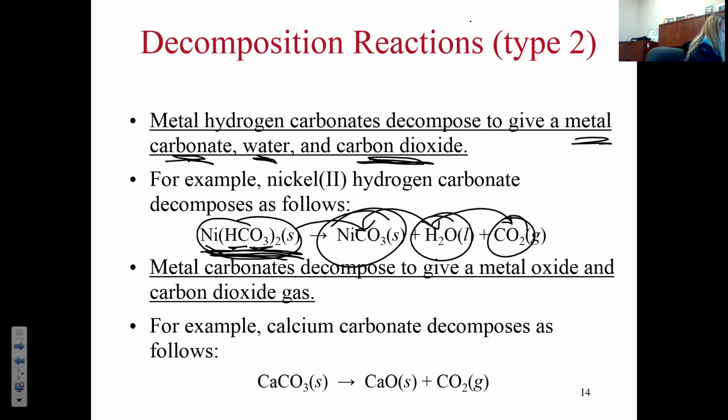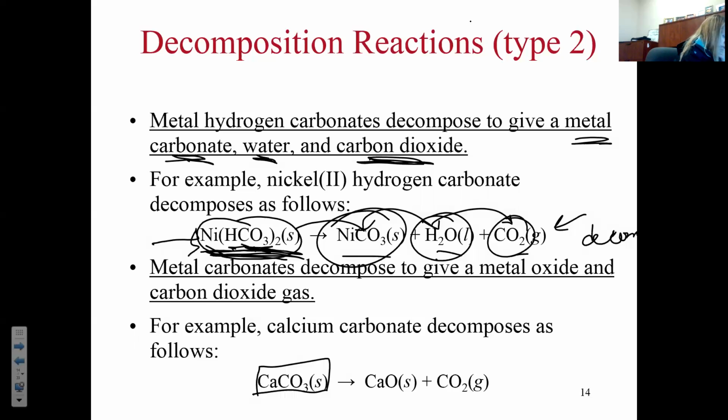Okay, this you should be able to recognize as a decomposition reaction. If you're ever given a metal carbonate, something with that CO3, you should predict that it'll break down into something like this. Same goes for a metal carbonate without hydrogen.